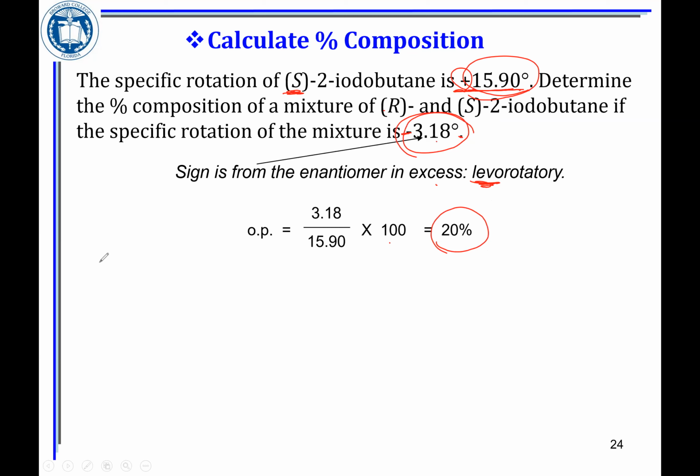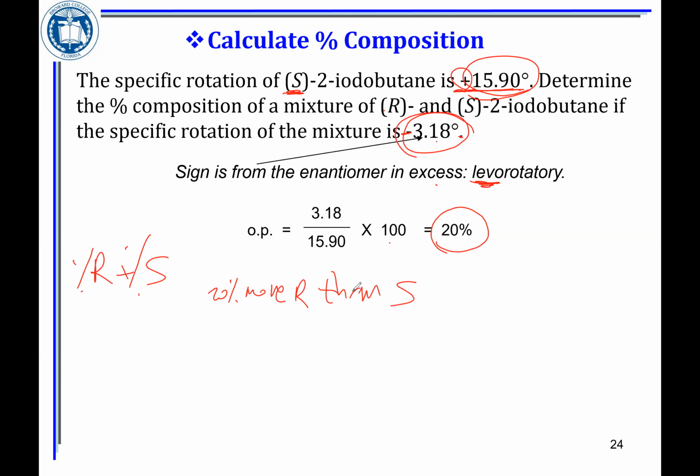This is a mixture of percent R plus percent S, so it's going to be 60-40. The meaning is that there is 20% more R than S.